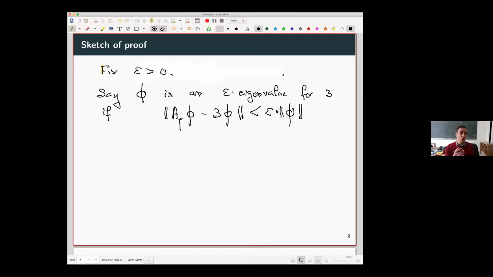But then because you're only working with positive operators, you can always reduce that to having almost eigenvectors for the eigenvalue 3. So here I'm hiding some stuff under the carpet, but they are not that relevant for the rest of my talk. But the idea is that you can reduce your study to, instead of working with true eigenvectors, working with almost eigenvectors.